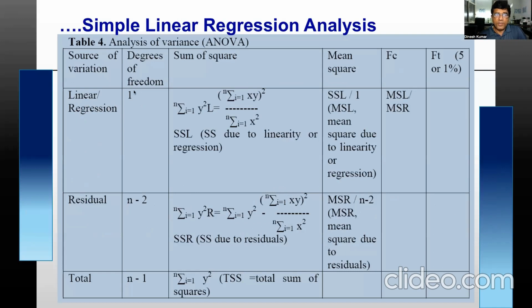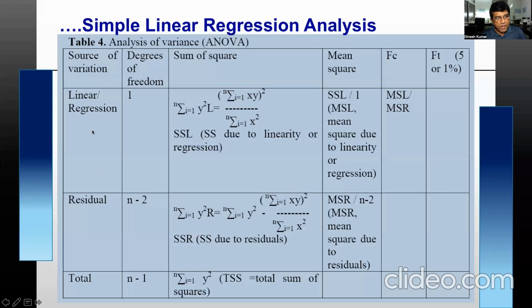Regression and degree of freedom is always 1. As I told you, for linear relationship, degree of freedom is 1. For quadratic, it is 2. For cubic, it is 3. And then total degrees of freedom is n minus 1. So here n is number of pairs of observations. So how many pairs of observations you have?